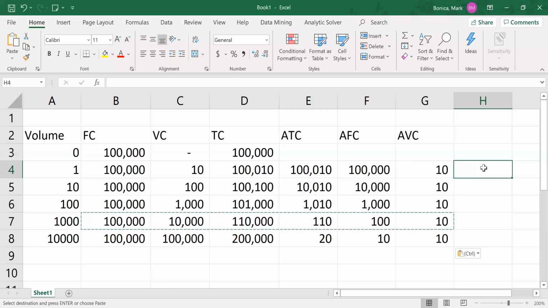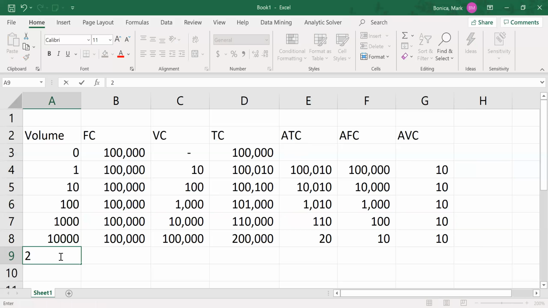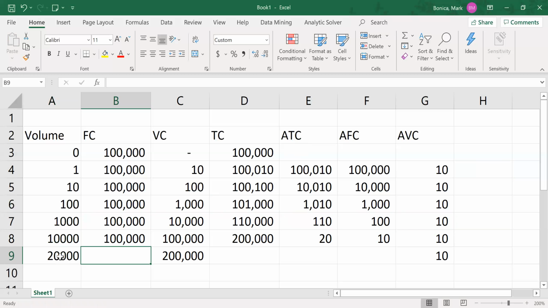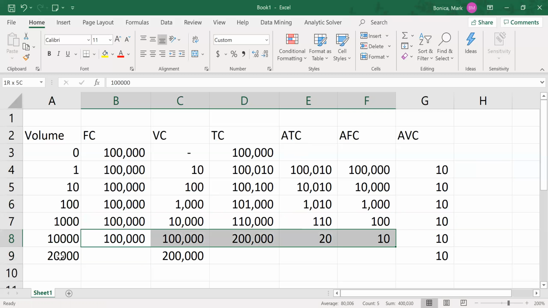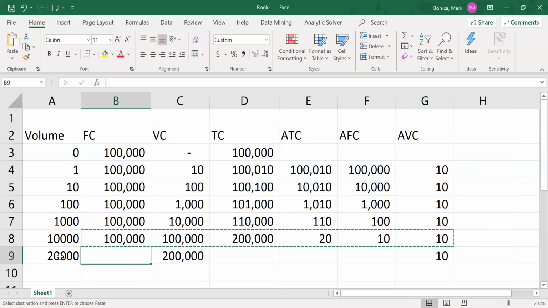So now let's max out our technician, max out our machine, push it up to that 20,000 limit. What's our fixed cost? Well, hey, it's still 100,000, right? Because we are still within our relevant range. The machine can run 20,000 tests a year, and the technician can run the 20,000.